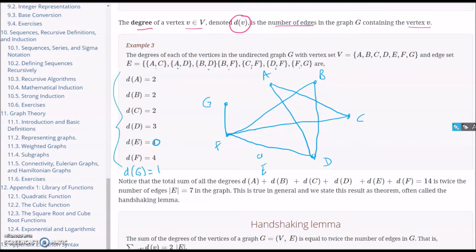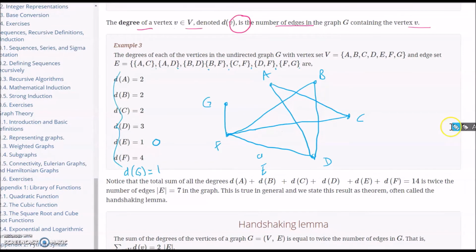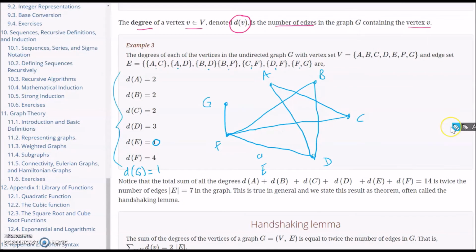So let's look first of all at A. Notice that A has two edges touching it, so the degree of A is equal to 2. Another way to see that is if you have your edge set listed out like we do right here, just see how many of the ordered pairs have A in them. Well, there's 1, there's 2, and no more of them have an A, so the degree of A is 2.